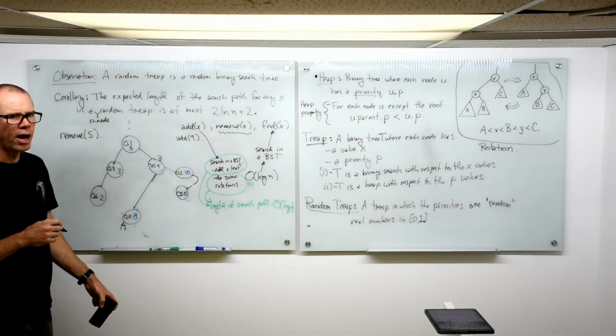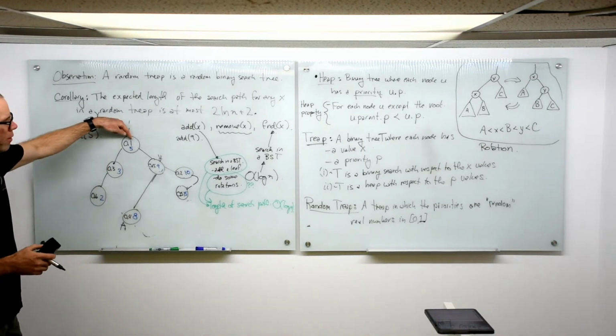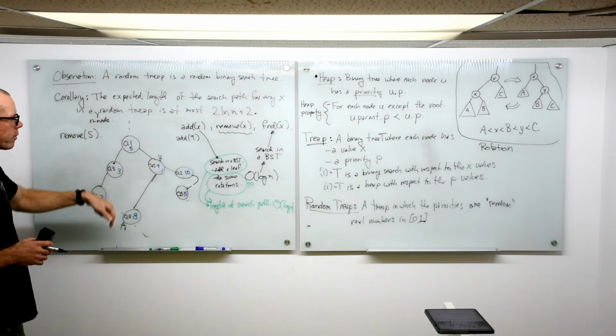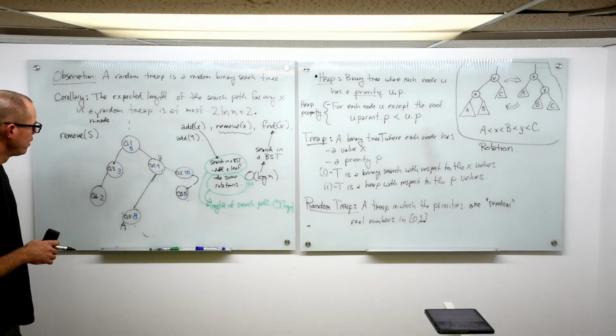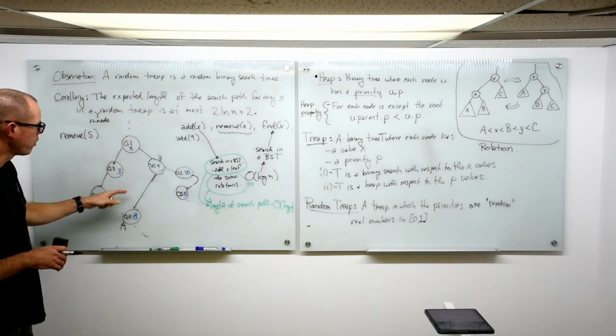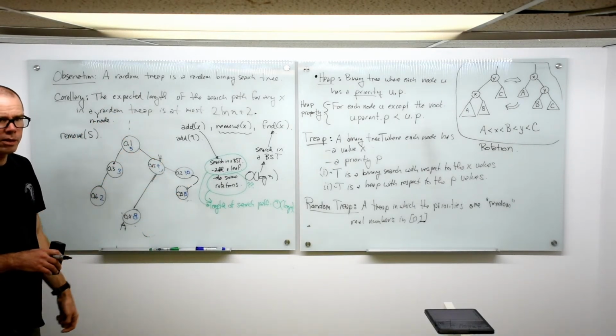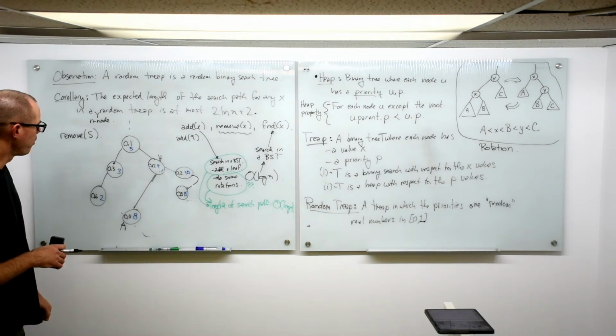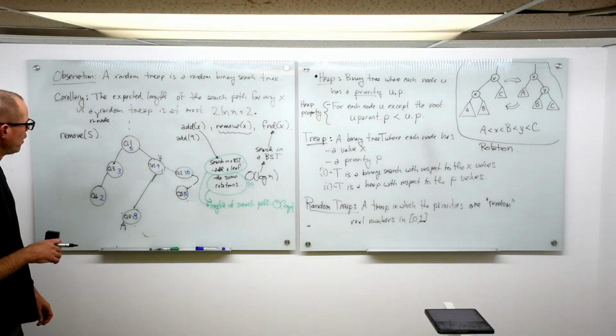What if we want to remove 5? So 5 is at the root. So I can't just cut 5 out of this tree, because then I'll be stuck with 2 trees. That's not good. So I need some more clever thing to do.